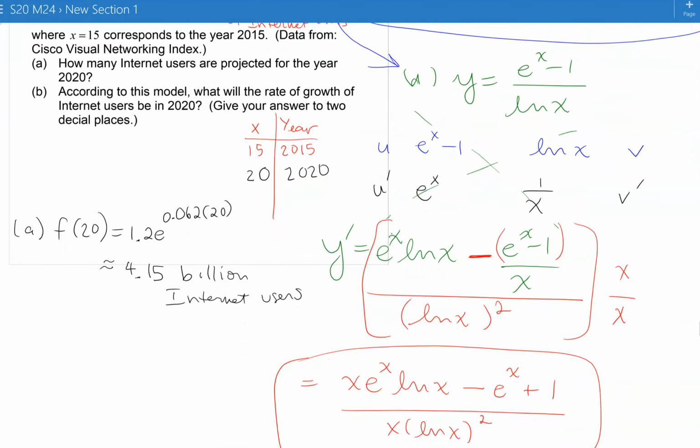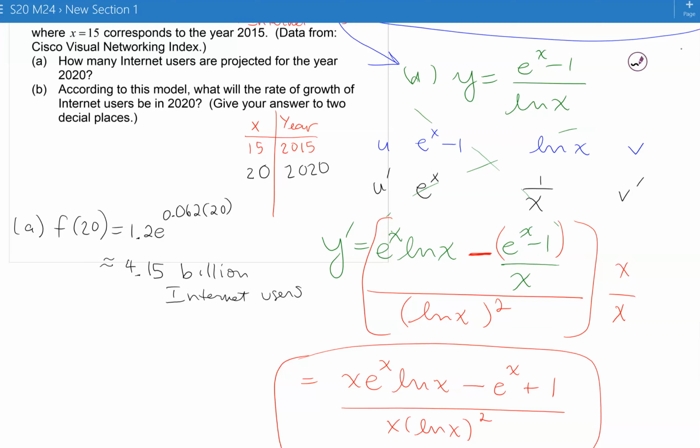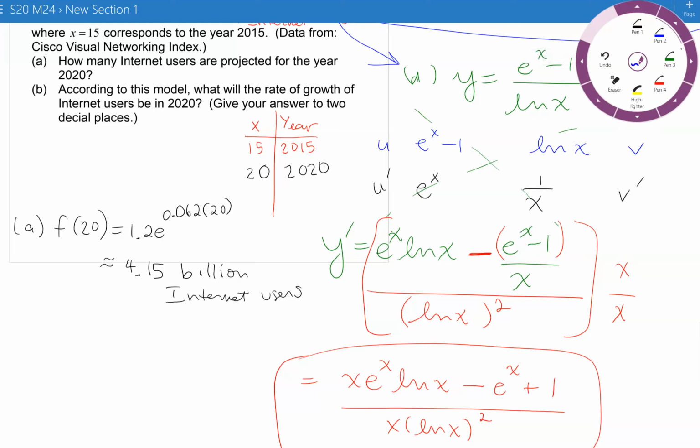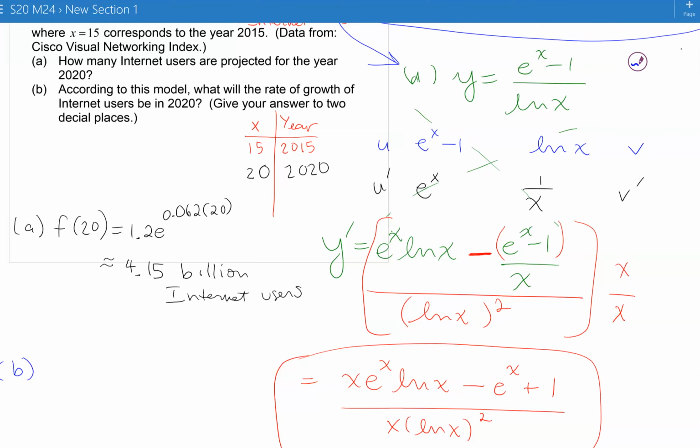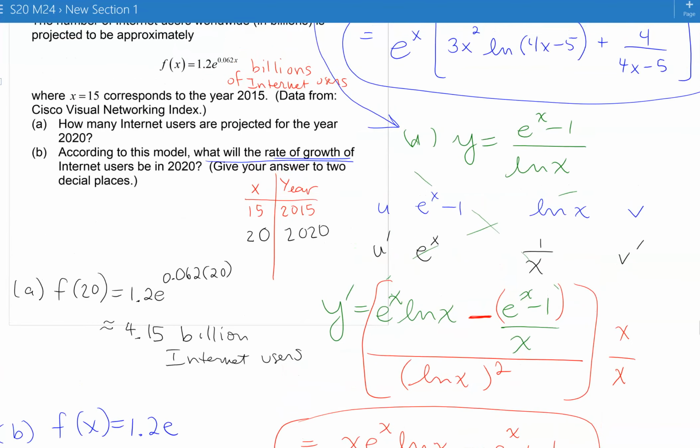That's a lot. And then B says, what will the rate of growth be? That's a derivative. So let me rewrite f of x down here so it's close to our work.